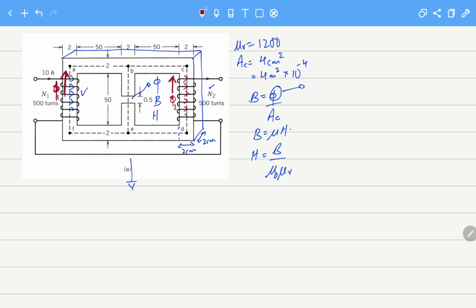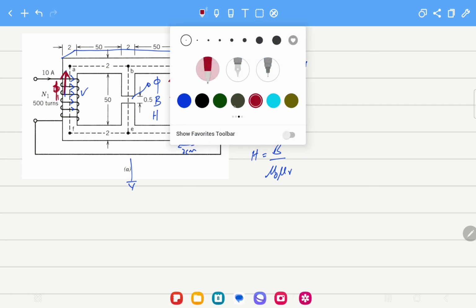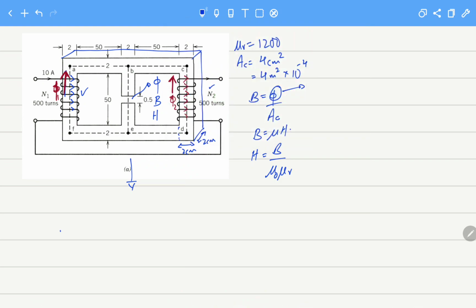The equivalent magnetic circuit will have two sources. We will have F1, which is producing flux 1, and then we will have another source, which is also producing flux in this direction, that is called flux 2.